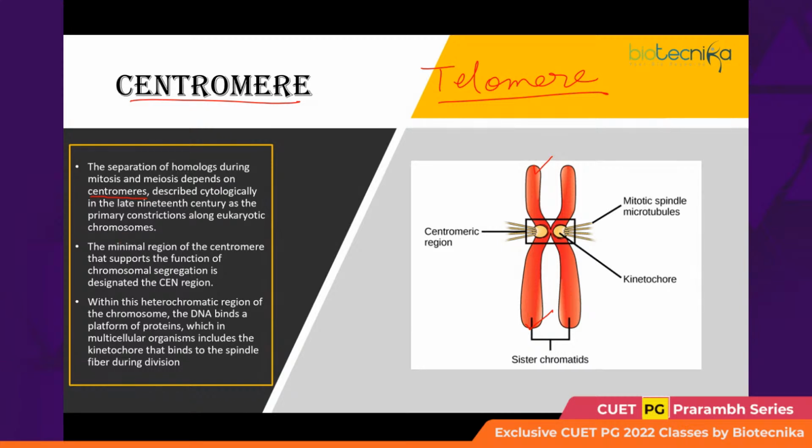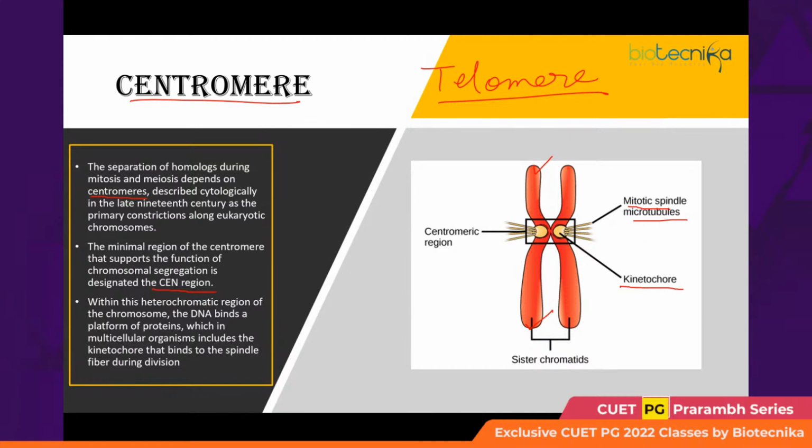The minimal region of the centromere that supports the function of chromosomal segregation is called the CEN region. Now, why is this centromere so important? Because on this centromere, a protein complex called the kinetochore complex assembles. And it is this kinetochore complex which will attach to the mitotic spindle microtubules coming from the opposite poles.